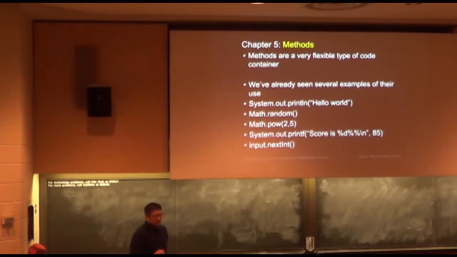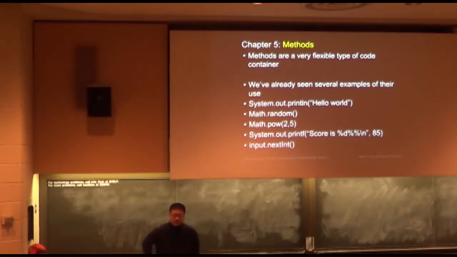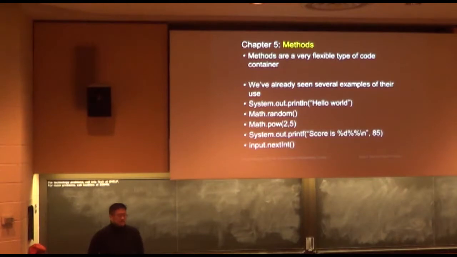And the design of your methods, even more so than your if statements and your loops, dictates the structure of your code and also allows you to create designs that are efficient, easy to read, and effective. We've already seen examples of methods, and you are already using them.